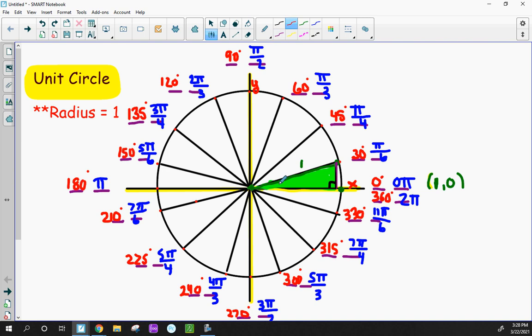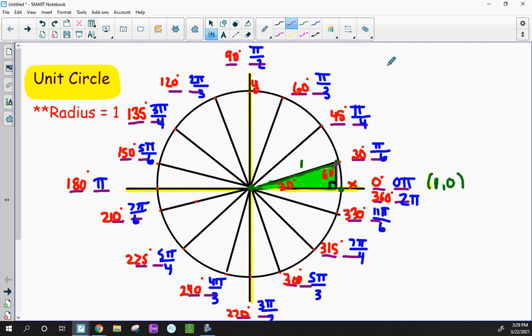So if this is a 30-degree angle right here, and that's what we labeled that to be, and this is a 90-degree angle, then we know the angle at the top up here has to be 60 degrees. It has to be. And so right now we've created a special right triangle that we learned in the last section.